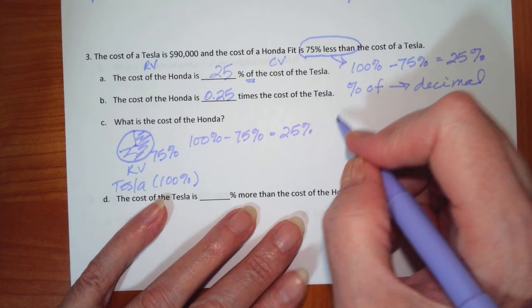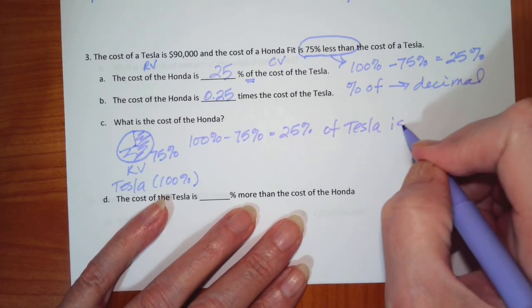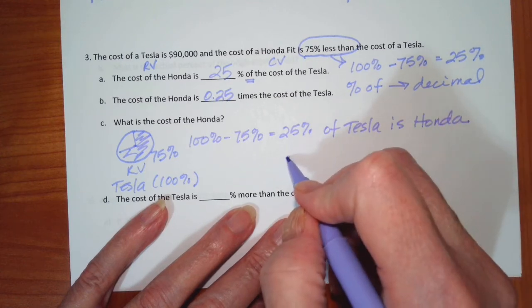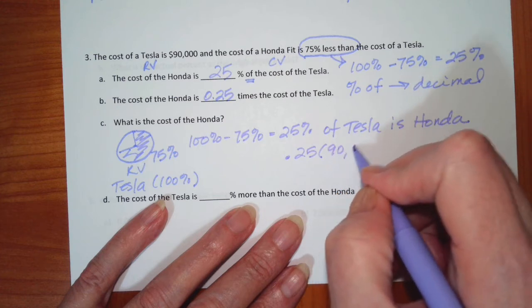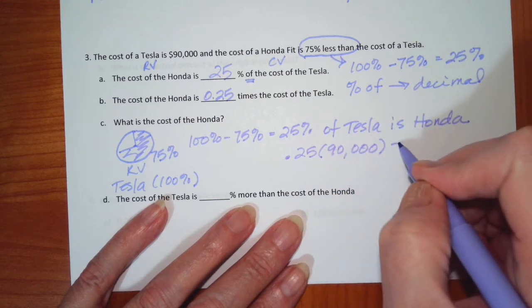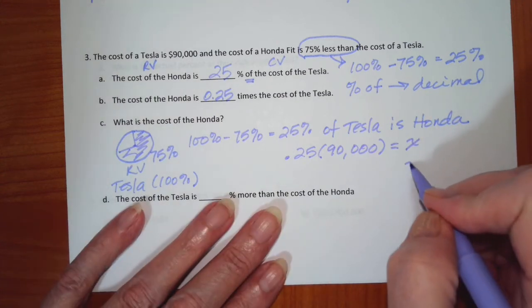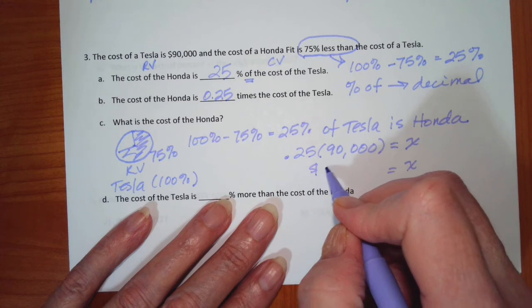So 25% of the Tesla is the Honda. So 0.25 times 90,000 is the Honda. So if I do my multiplication here, that gives me 22.5.